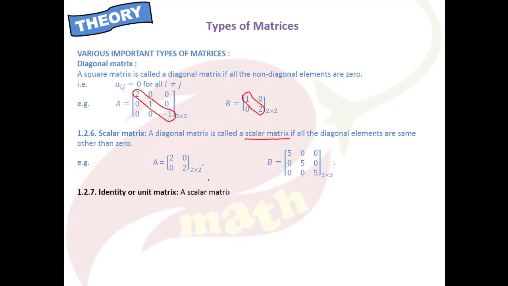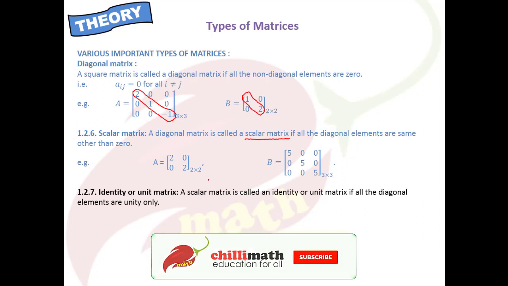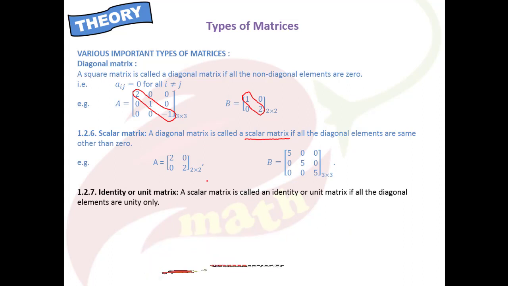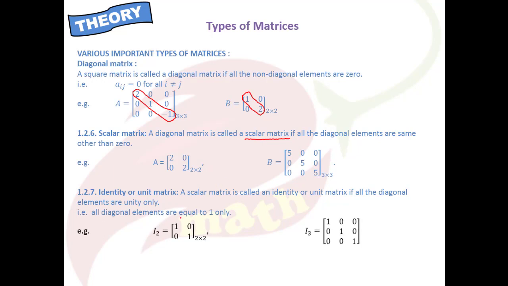Next we have the identity or unit matrix. It is a scalar matrix, which in turn is a diagonal matrix. That means it is also a square matrix, but with the condition that these diagonal elements will be equal to 1 or unity.